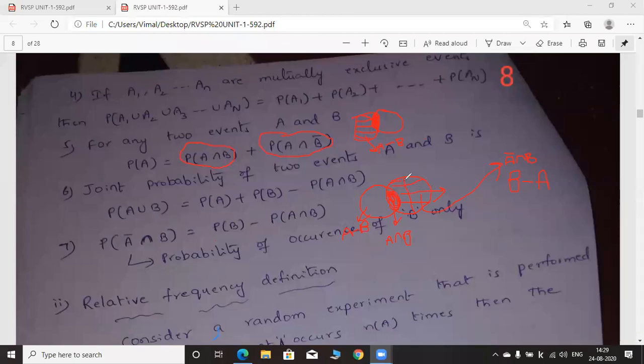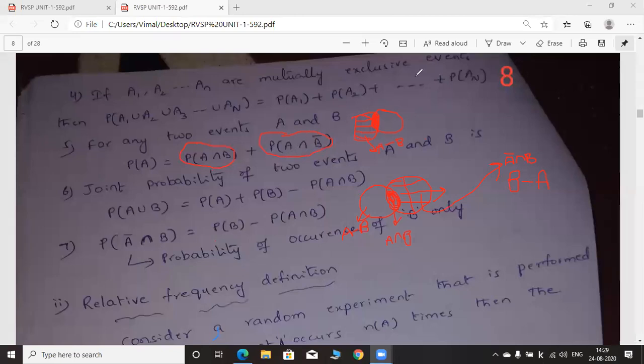I have drawn a vertical line here to indicate that. So this region is also called as A bar intersection B, or we may call it as B minus A. Remember this point here. This shaded area is called as B minus A or A bar intersection B. Here in the fifth property, this shaded area is also called as A minus B, or we may call it as A intersection B bar.